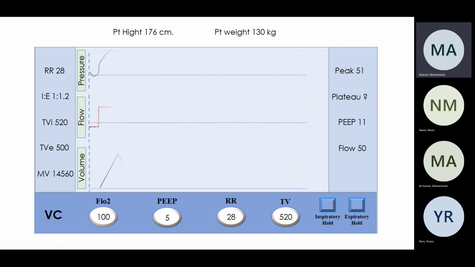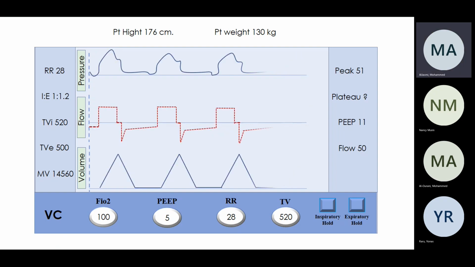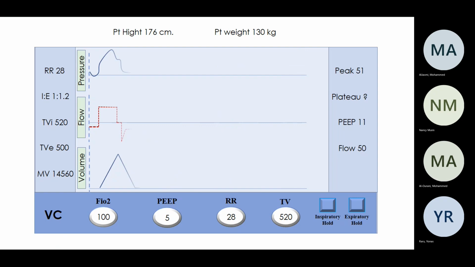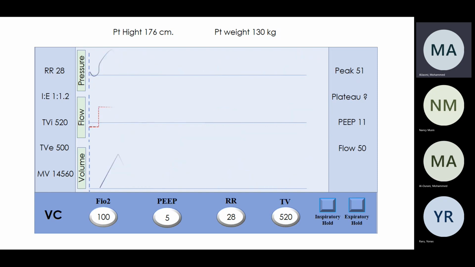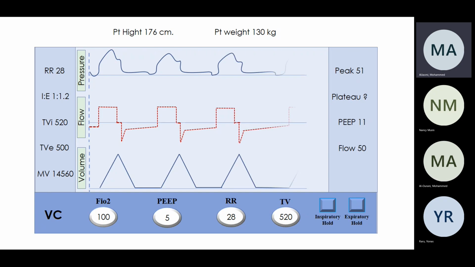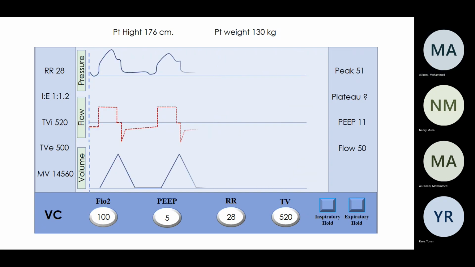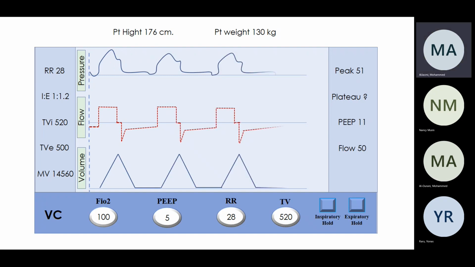Is it the volume or the pressure? When I put the patient in volume control, what can the machine change up and down without my permission? The volume or the pressure?